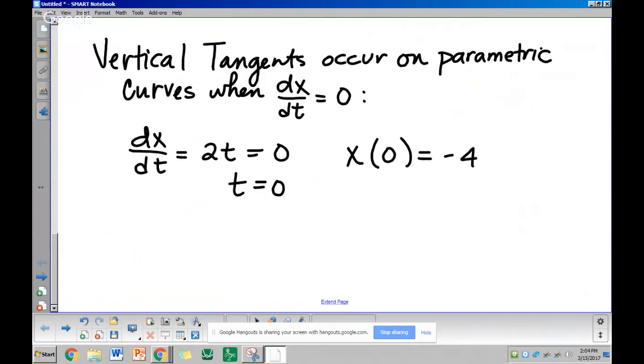Oh, we said t was 0, so plug in t equals 0, I'm sorry. What's it say? It says dx/dt is equal to 0. That's what we expected, okay?